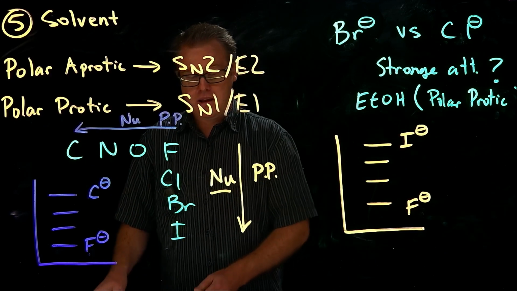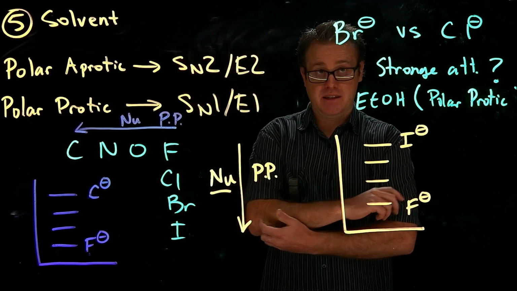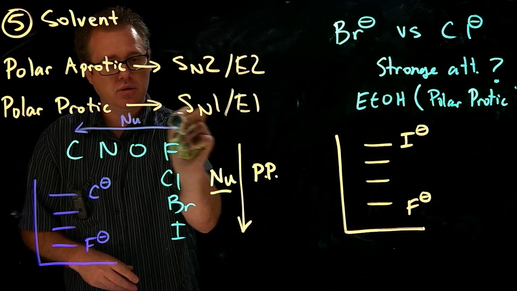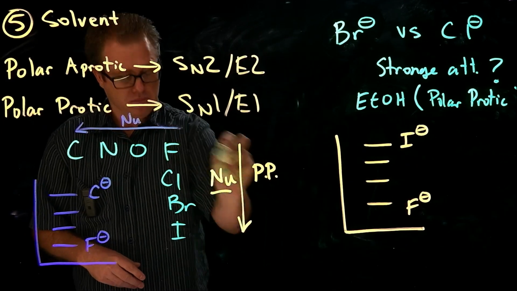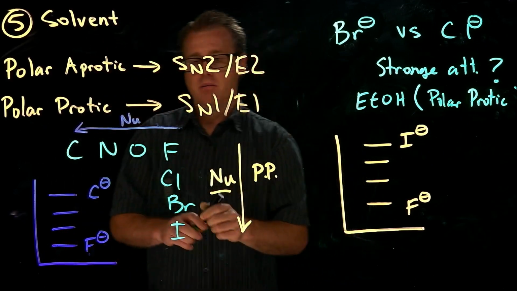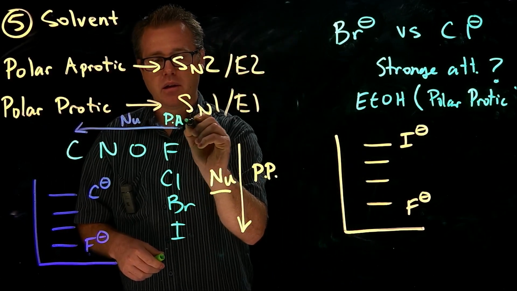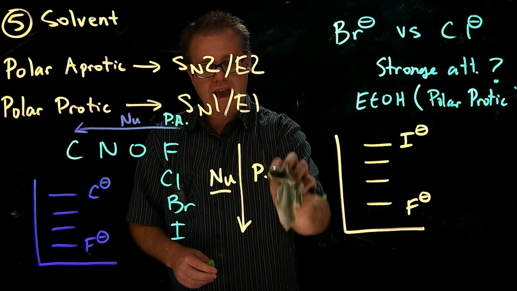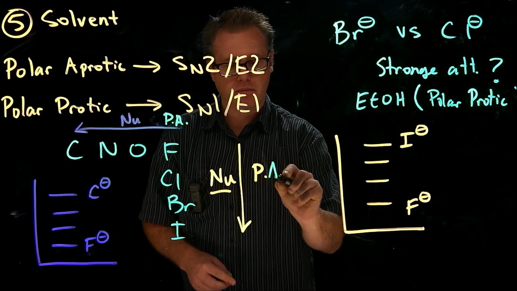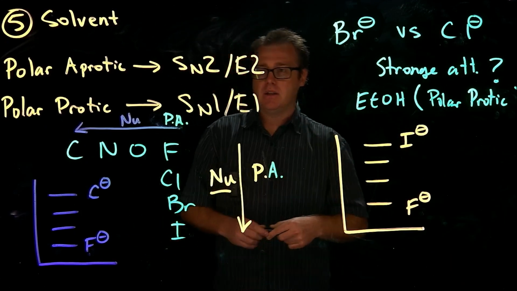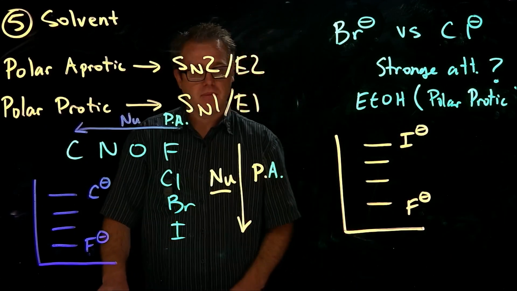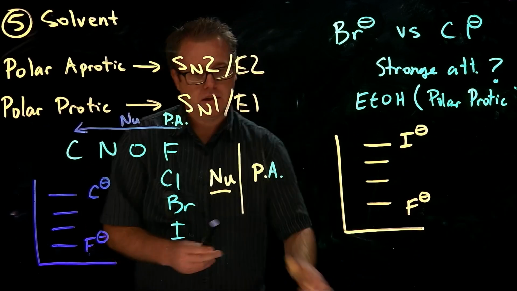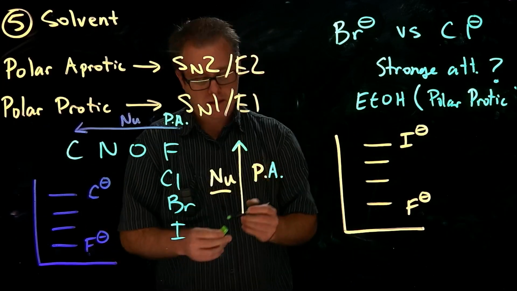Now let's change up the solvents. Let's change the solvents to polar aprotic. Polar aprotic solvents, what's going to happen now? Do the trends change? And they do in fact change. All right.